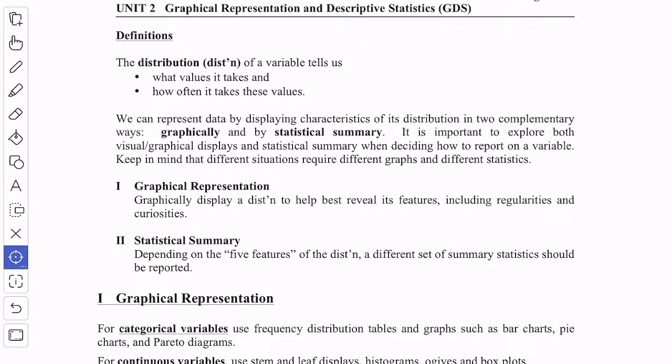So with the graphical representation, you can determine which are the better summary statistics to compute, right? And I'll show you why. So we're going to proceed now with single variable statistics, all right? Right now the focus is on single variable statistics.